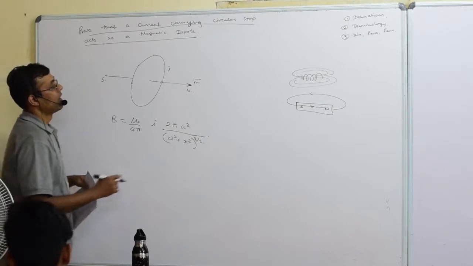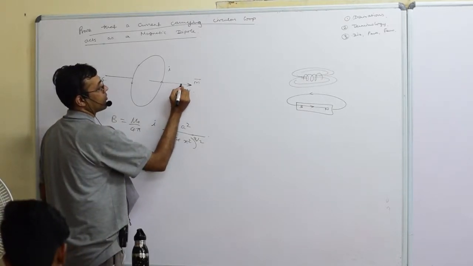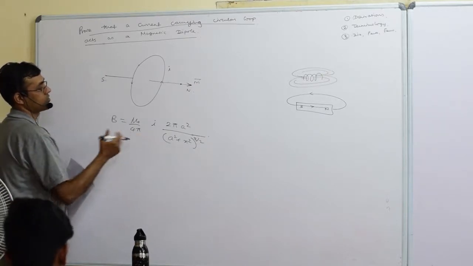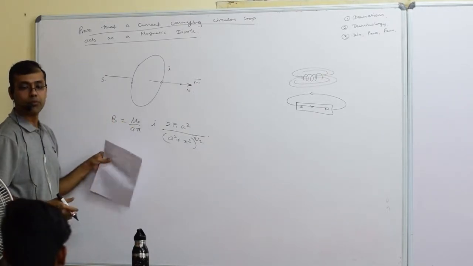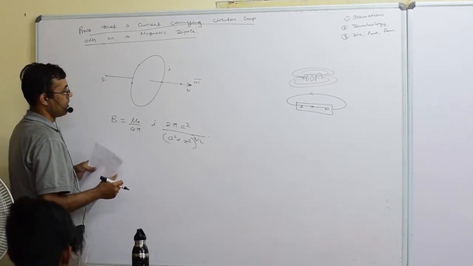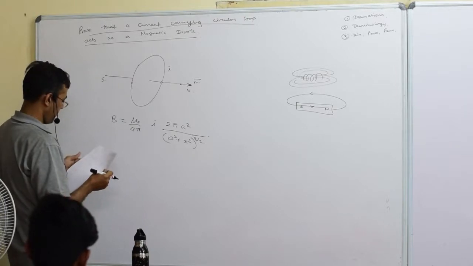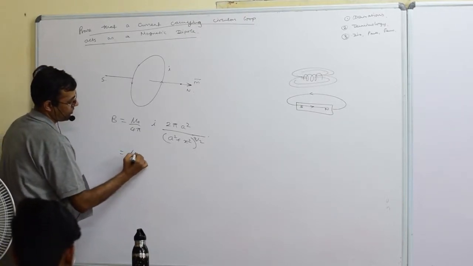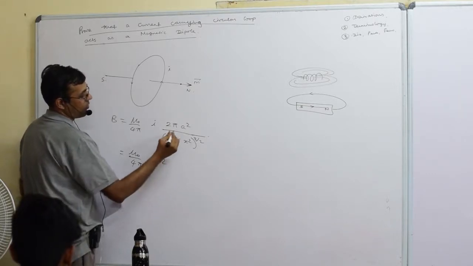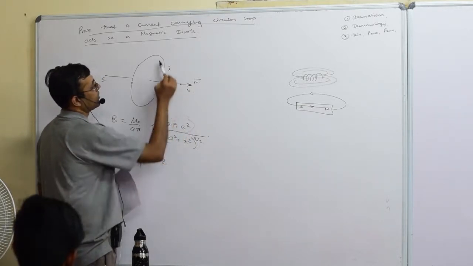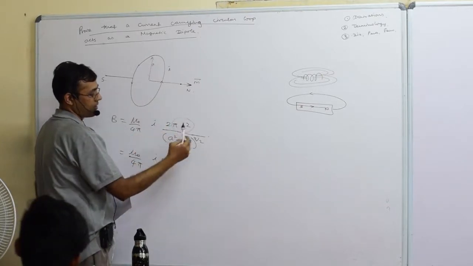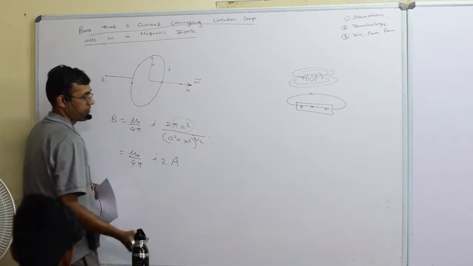So at a given point, let's say I have a point here. I want to find the magnetic field here. I'm going to start with this because I already know this from the moving charges chapter. It's a very simple derivation. What is pi into a squared? This is radius a. That means pi a squared will be area. So capital A is area, right?